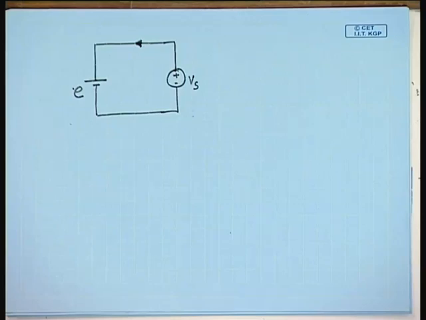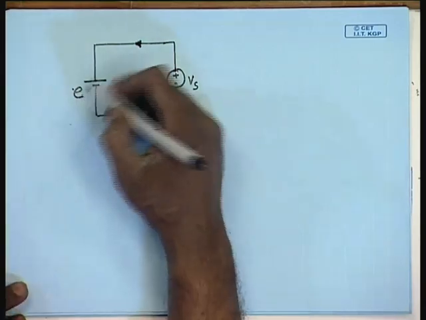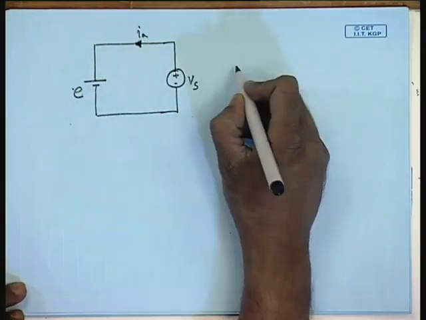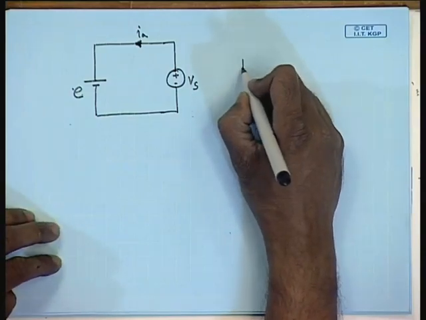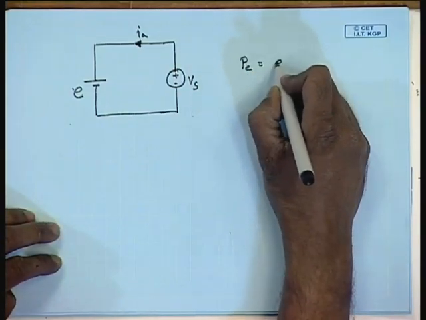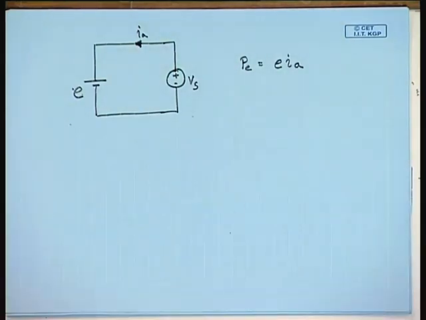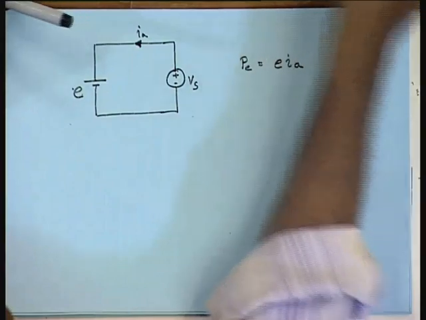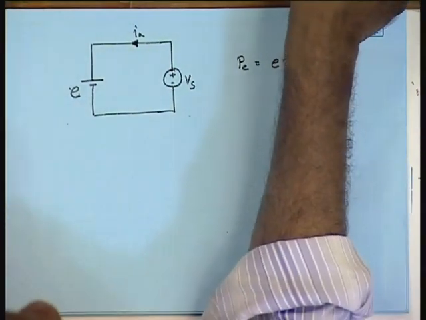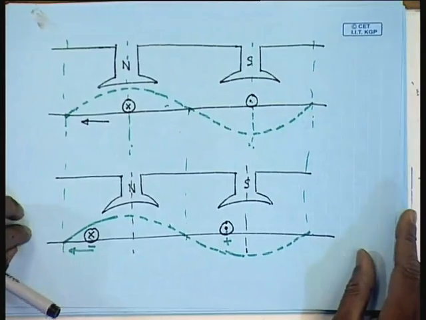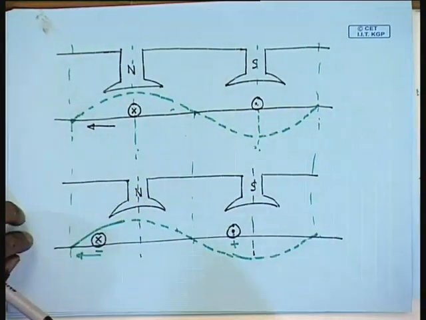Therefore, in order to send some current into the conductor, some amount of electrical energy has to be spent, which is given by electrical power E into IA. So, this is the electrical energy accepted, and hence because of that there will be a torque generated in this machine which will make this body rotate.